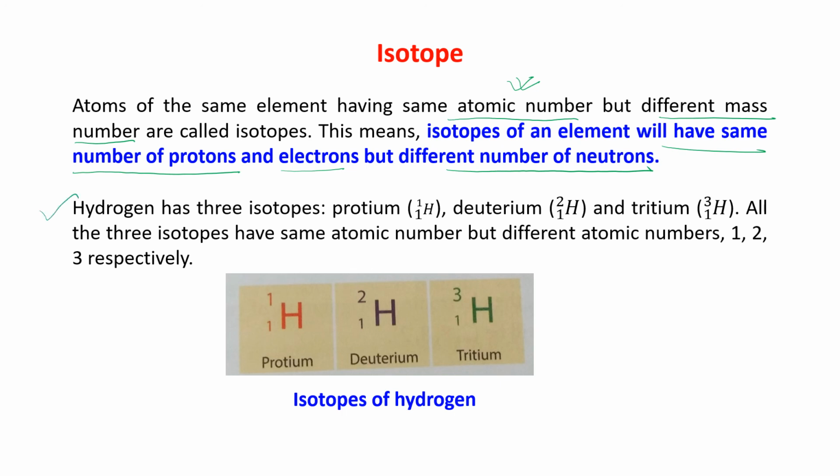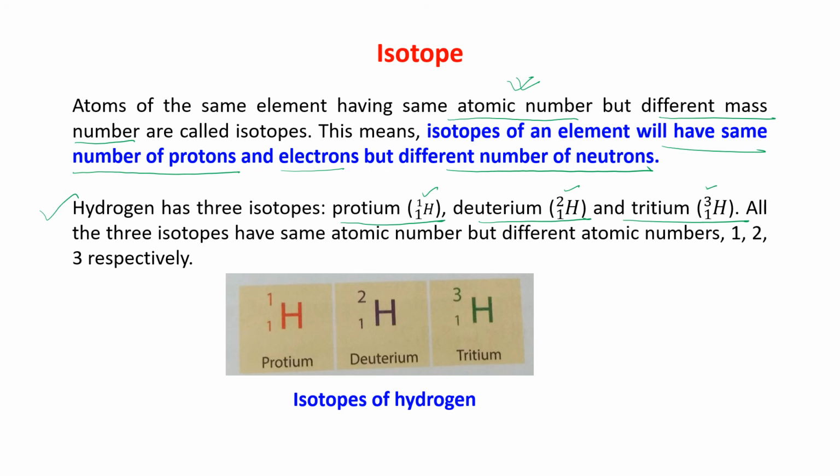See that hydrogen has 3 isotopes. One is protium, another is deuterium, third is tritium. All these 3 are having same atomic number 1, 1 and 1, and mass number 1, 2 and 3. So, the 3 isotopes of hydrogen are having different number of neutrons.